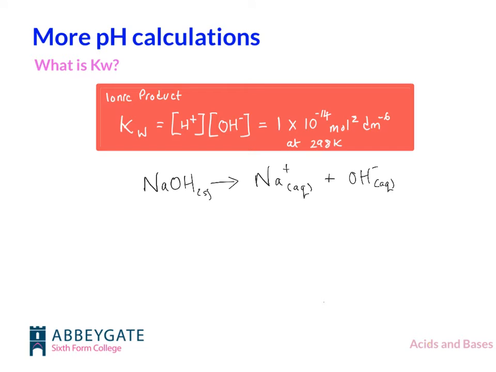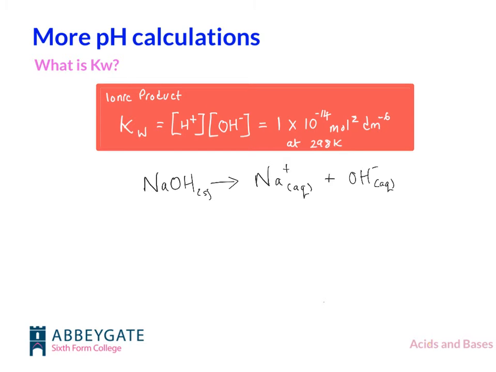So we can see that for every 1 mole of sodium hydroxide solid that's put into water, we get 1 mole of sodium ions, and equally we get 1 mole of hydroxide ions. So if we know the concentration of the sodium hydroxide we put in, we'll know the concentration of the hydroxide ions, and if we know what Kw is, we can use this to work out the hydrogen ion concentration and then work out the pH.